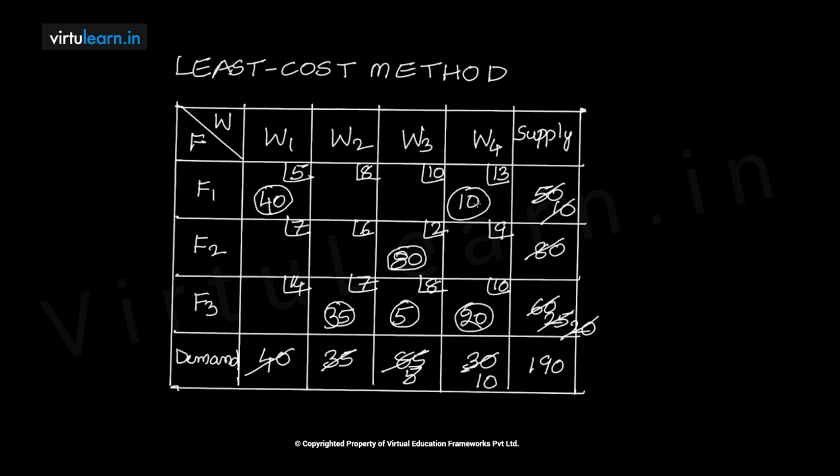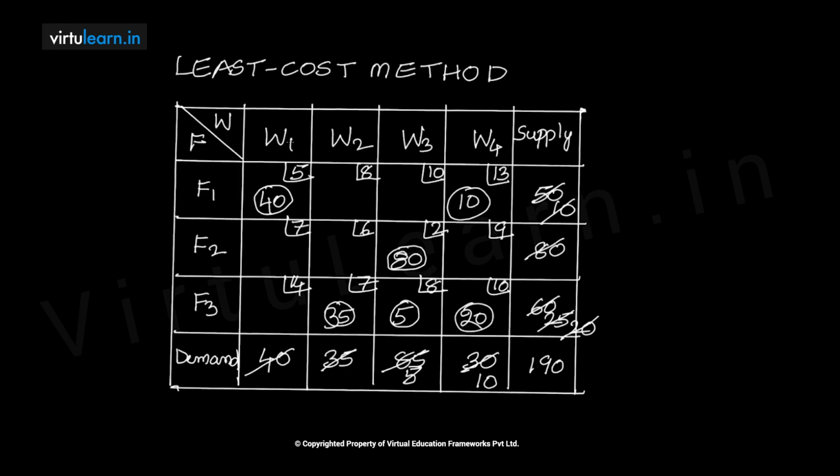Checking: 40 plus 10, 50, is satisfied. In the F2 row, 80 allocated to F2 W3, satisfied. In the F3 row, F3 W2 35 plus F3 W3 5, 40, plus F3 W4 20, 60, so totally satisfied.